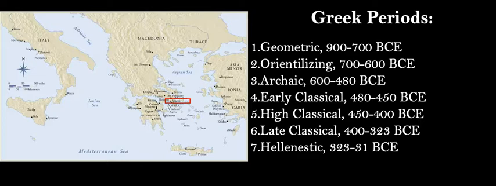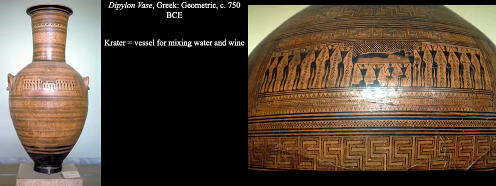We're going to look today both at statues of the human body, but also of different kinds of objects. And here's one of them. It's called the Dipylon vase, and Dipylon was the name of a cemetery on the outskirts of Athens. This is a kind of krater, which is the shape of the vessel.